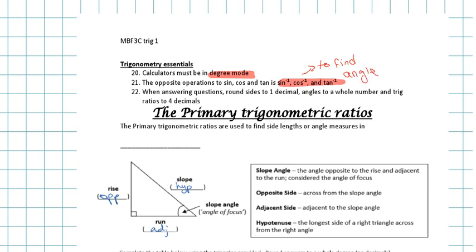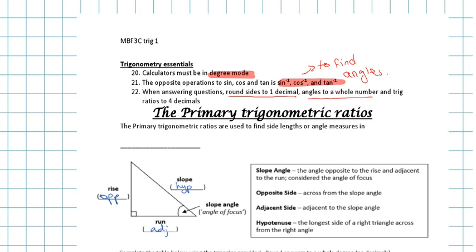Now, rounding. When you're rounding your answers, you're going to round your sides to 1 decimal always, unless the question says otherwise. You're going to round the angles to a whole number, and the trig ratios to 4 decimal places.